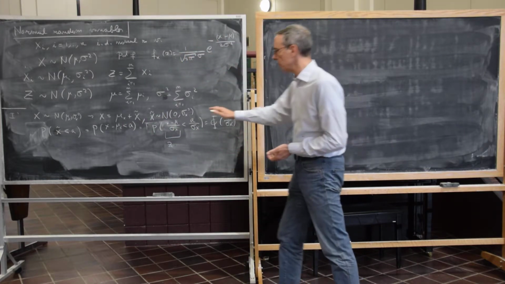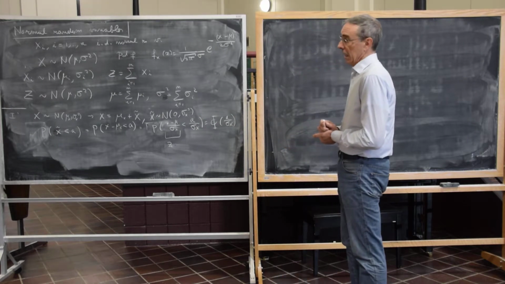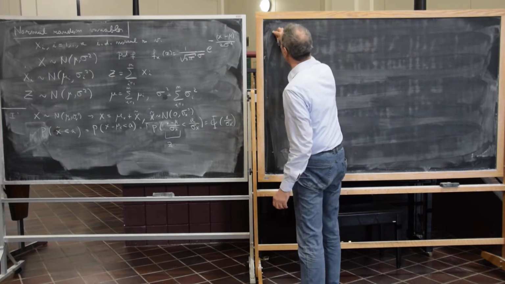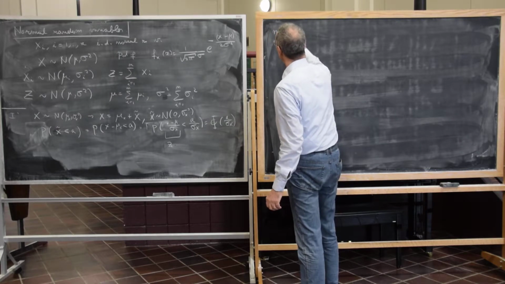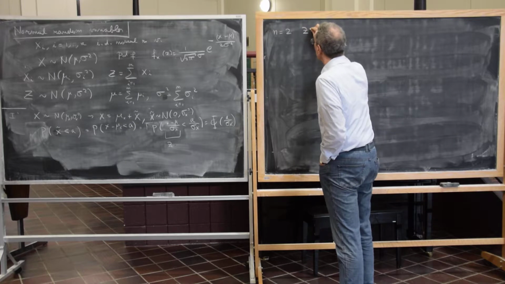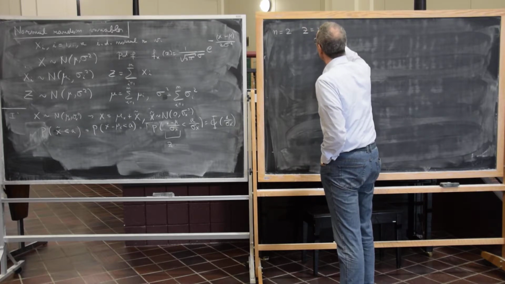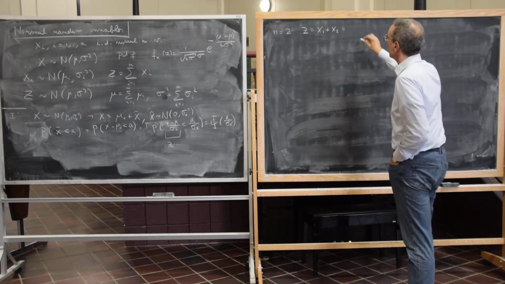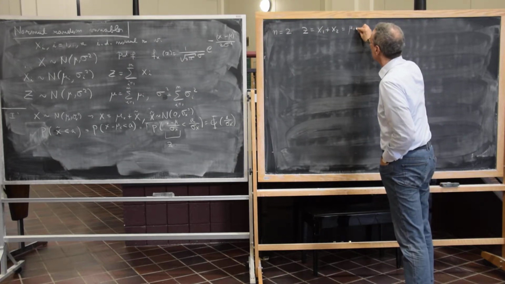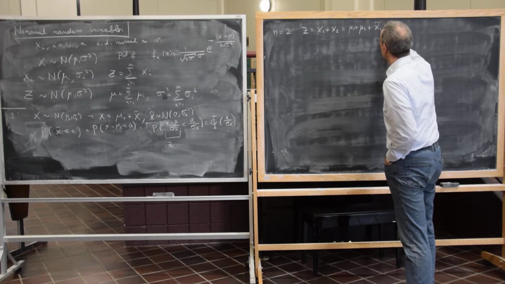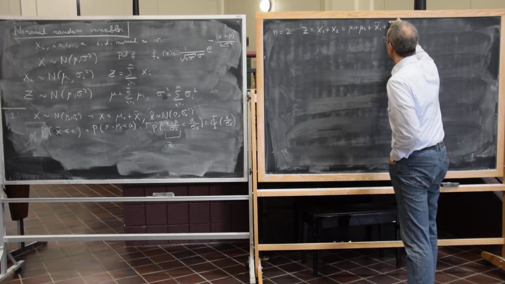So that's the first observation. What does it mean? It means that consider now n equal to 2, so z is equal to x1 plus x2. And I can write it as mu1 plus mu2 plus x1 tilde plus x2 tilde.